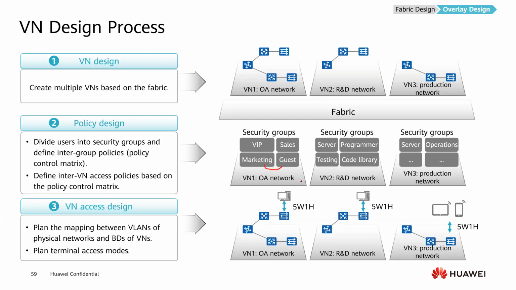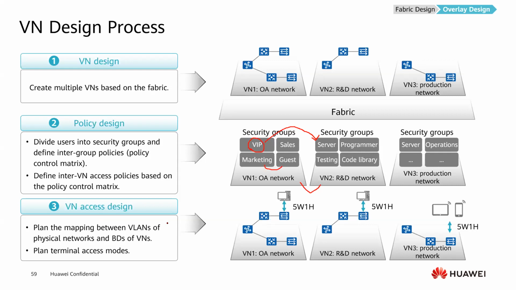And between the VNs, you also need to do the policy, because by default they cannot communicate with each other. For example, if the VIP security group wants to connect to the servers, first you need to consider the security group's policy. Also, you need to consider how to make the interconnection between 2 isolated VNs. So you need to consider 2 layers of policy design.